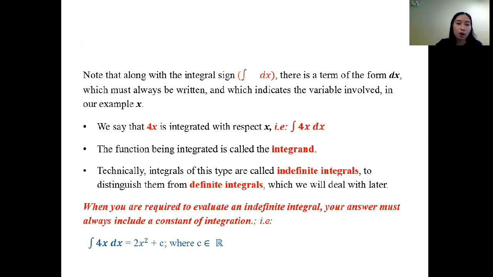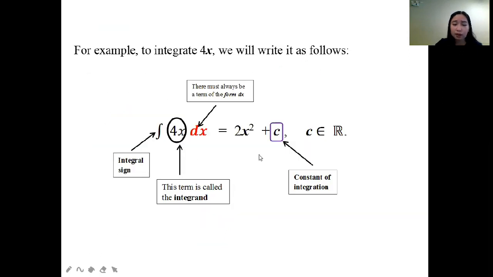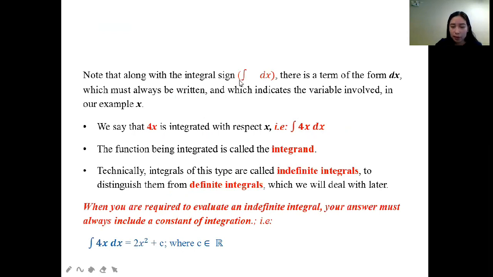So we note that along with the integral sign, the integrand, and then the dx. There is a term of the form dx which must always be written and which indicates the variable involved, in our example x. So we say that 4x is integrated with respect to x.